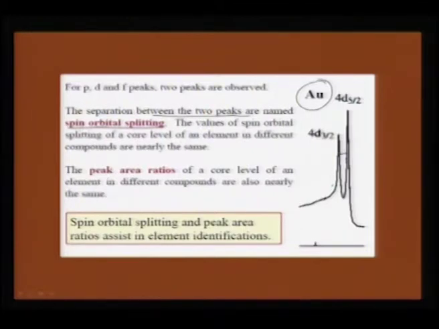The peak ratios of the core level of an element in different compounds are also nearly the same, because it does not depend on the material but on the spin orbit coupling. These are very unique to the quantum states. So, what we can identify is that in spin orbit splitting, the peak area will assist in element identification.